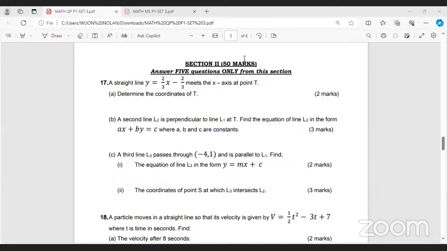So 2 over 3 positive is equal to 2 over 3 x. You multiply both sides by 3 over 2. You end up with the value of x as 1. So you have x as 1 and y as 0 because it's on the x-axis. Now T, in terms of coordinates, will be (1,0).